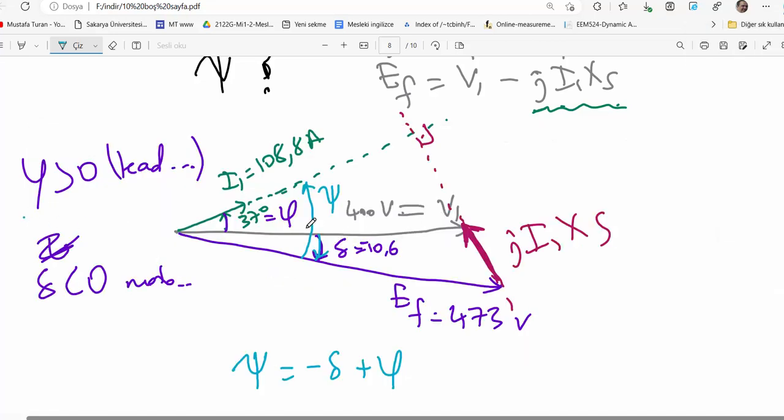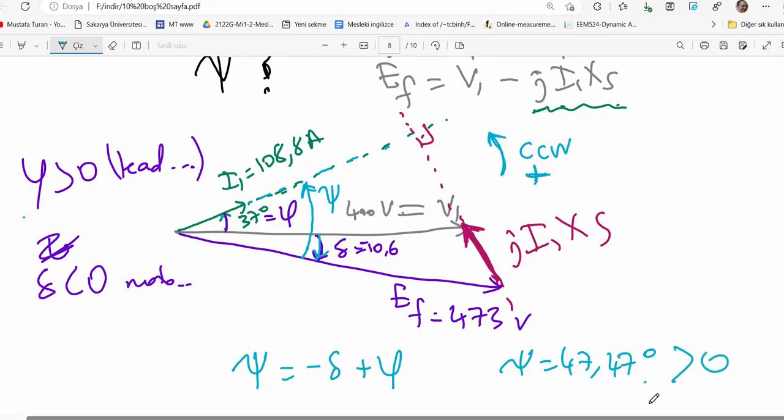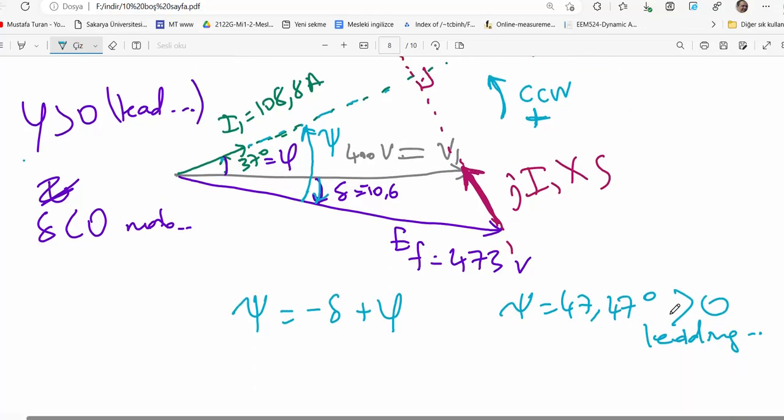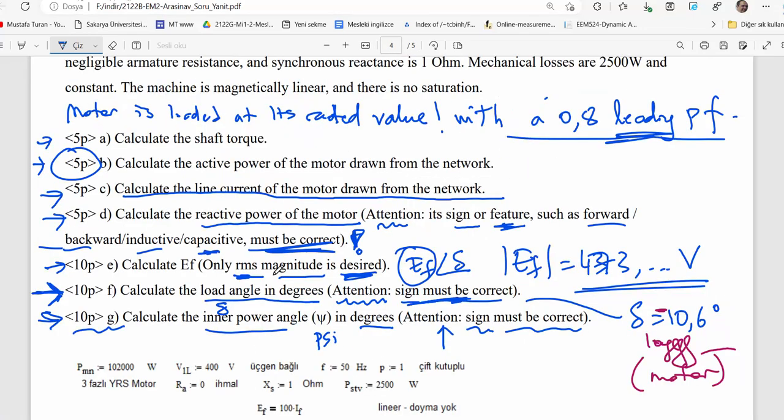Here you see current is leading. That is the counterclockwise rotation, which is positive rotation. You start from voltage, move in positive rotation direction to find out current, and it is positive. Psi is 47 degrees positive, I mean leading current. That's the end of the question.